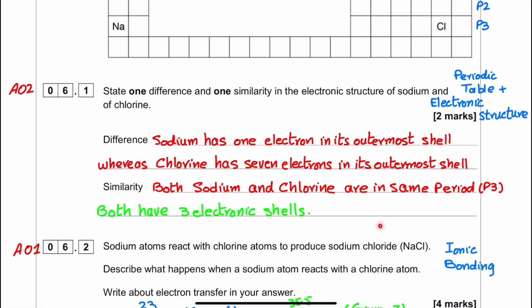So the positive sodium ion and negative chloride ion will attract each other. A strong force develops between the sodium ion and the chloride ion, and it brings them closer to each other, and a strong bond forms between them, which is called ionic bonding. Let's see our model answer.